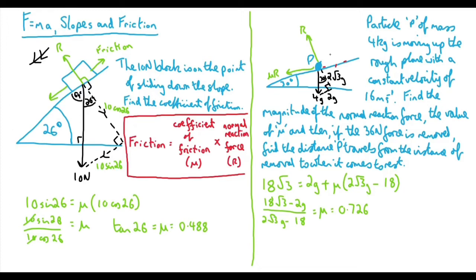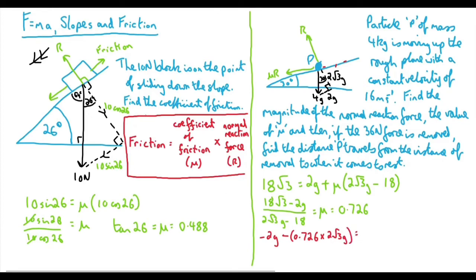Because P is still moving upward the slope, friction is still going to be in this downward direction combined with the down component of the weight. As there is no active forward force, however, the resultant is just going to be this, minus the 2g, minus, and now the R is just going to be this 2 root 3g, so 0.726 times 2 root 3g.